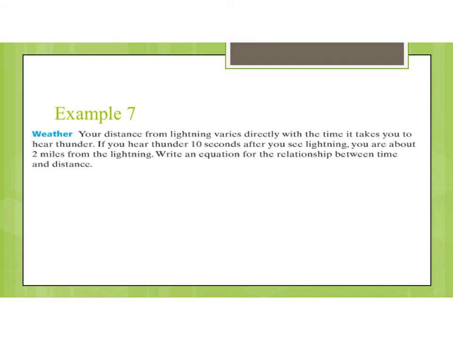For example 7, it says your distance from lightning varies directly. So when I see the term varies directly, I immediately think of that equation, y equals kx. Now because I'm dealing with a story problem, I'm going to try to plug in variables that make more sense. So I'm told that distance varies directly, so instead of y, I'm going to say d.